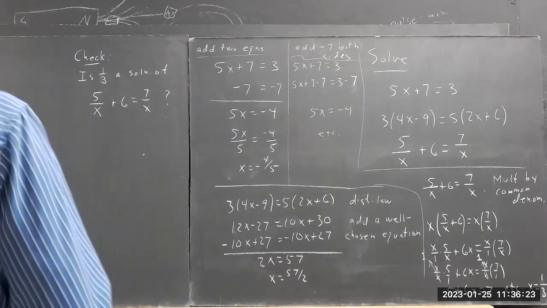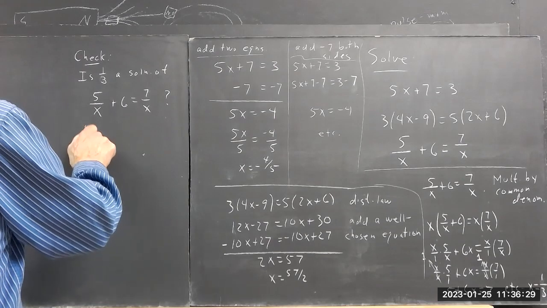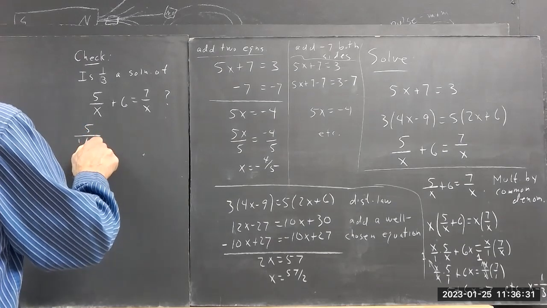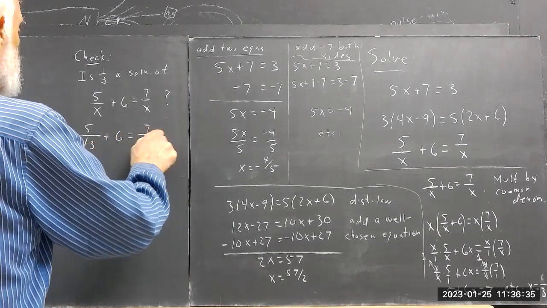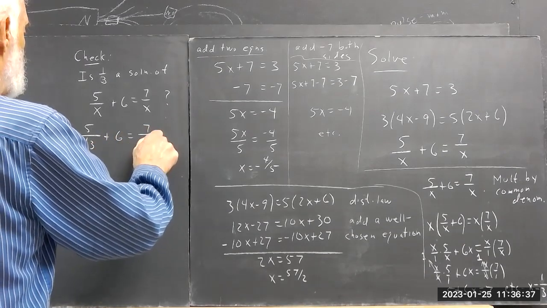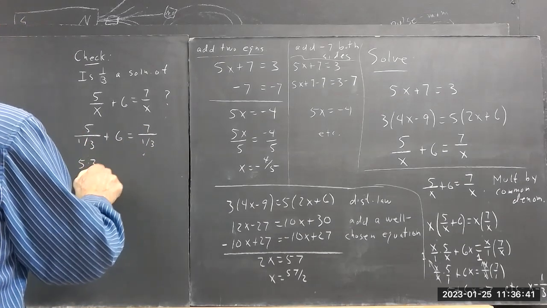Okay, well, very quickly, let's go to the check, and it looks like a good check. Wrote out 5 over 1/3 plus 6 equals 7 over 1/3. Then said, well, okay, that's 5 times 3.